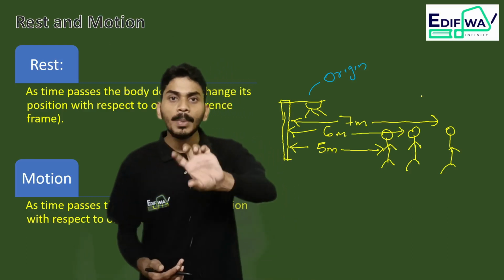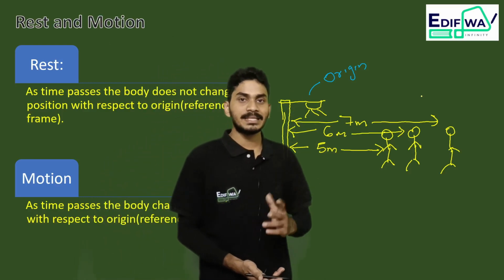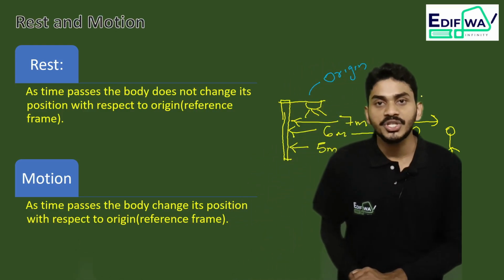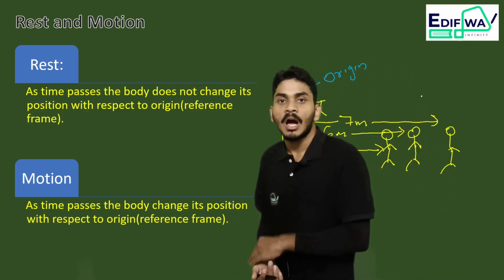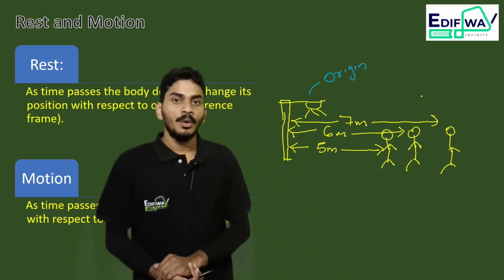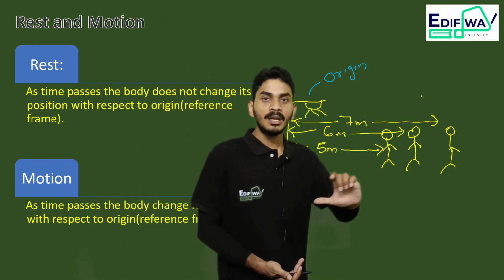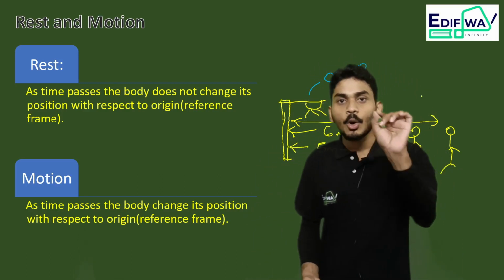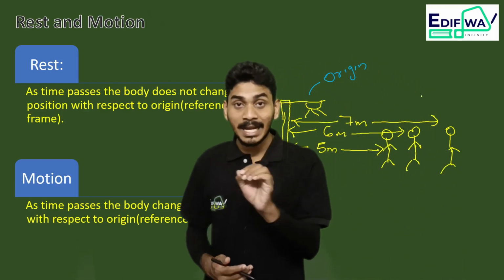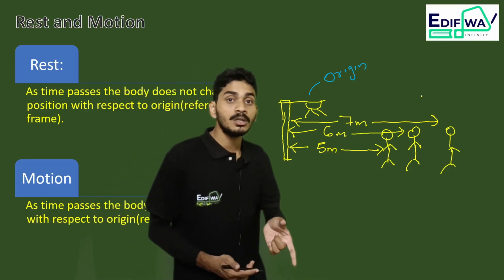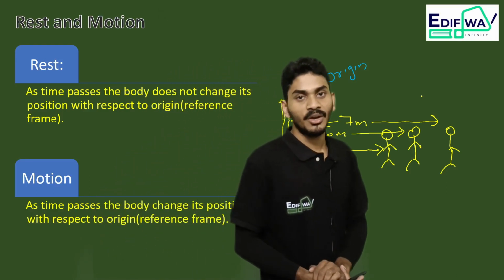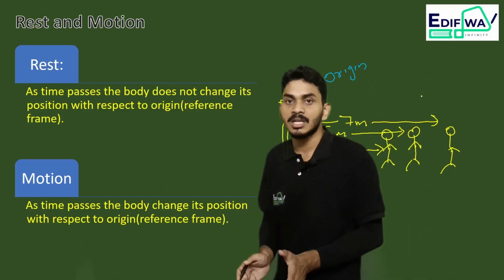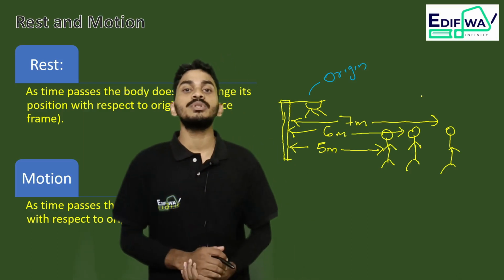But if you consider some building outside that vehicle as the origin, then after some time the position with respect to that building has changed. So you are in motion. So it is the origin that decides whether you are in motion or at rest. So we can say that motion and rest are relative terms.